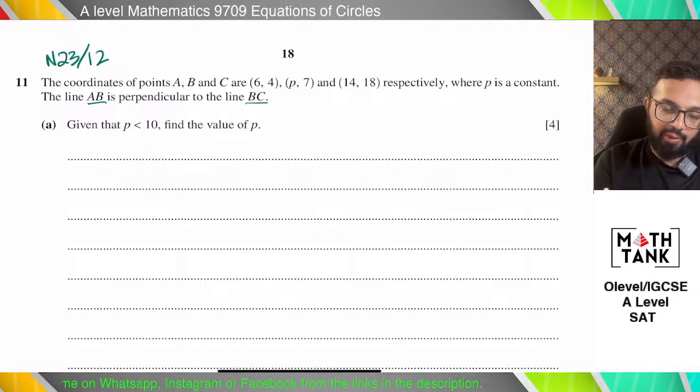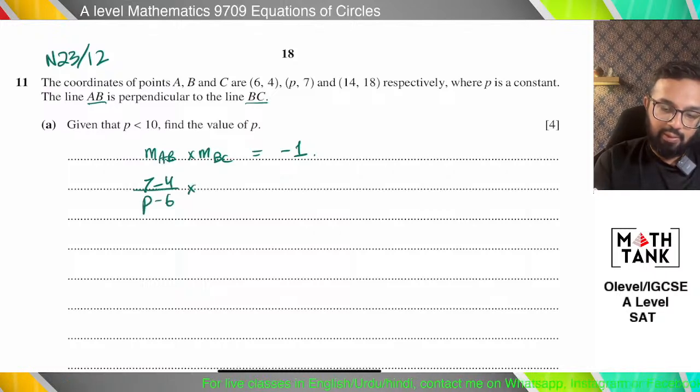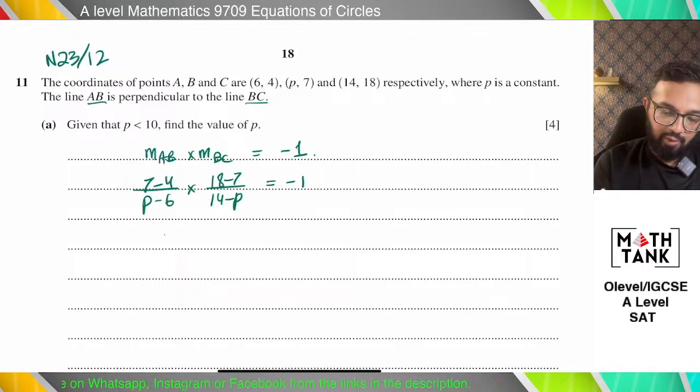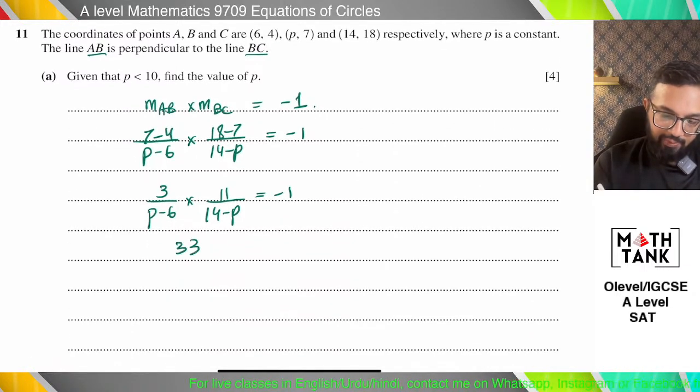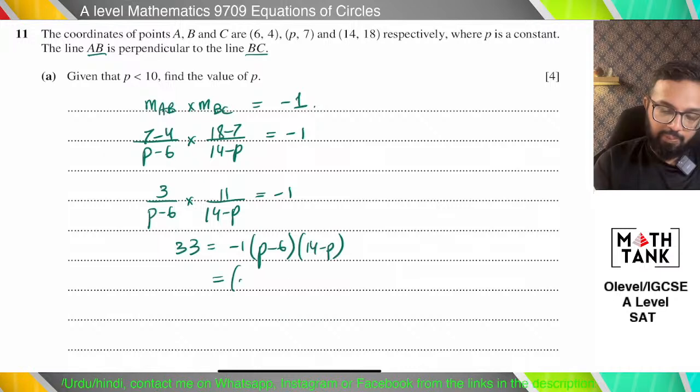Okay, so AB is perpendicular to BC, so the gradients of AB and BC should have a product of -1. 7 minus 4 over P minus 6, and 18 minus 7 over 14 minus P. So that's 3 over P minus 6, and 11 over 14 minus P. That's 33 equals minus 1 into P minus 6 into 14 minus P. That's P minus 6 into P minus 14.